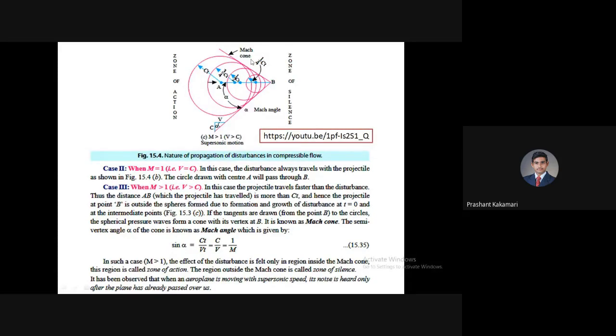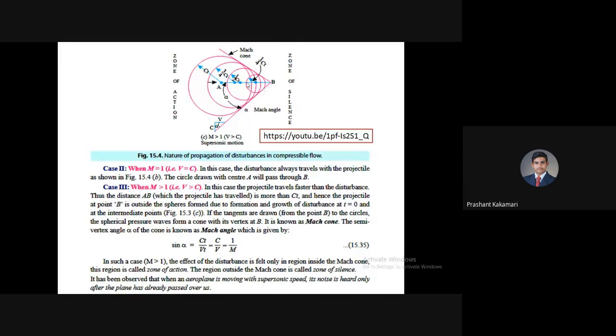Inside this cone, whatever bodies or objects are there can hear and feel the disturbance. Before the body reaches the next point, the disturbance is reaching. Depending upon the magnitude of velocity, the angle made by half of the cone is called the Mach cone angle.